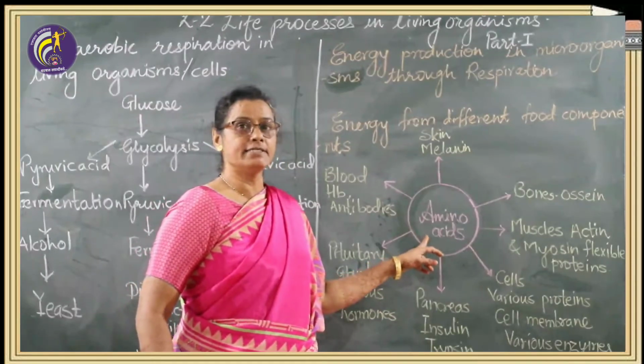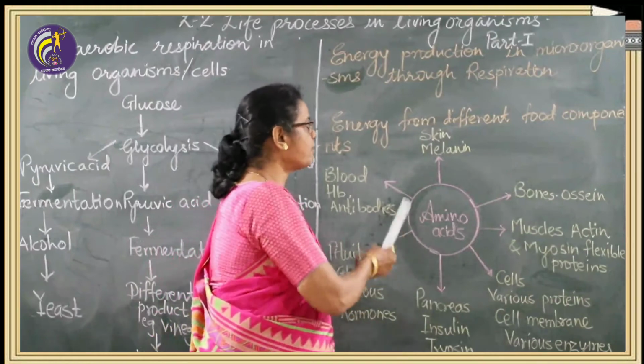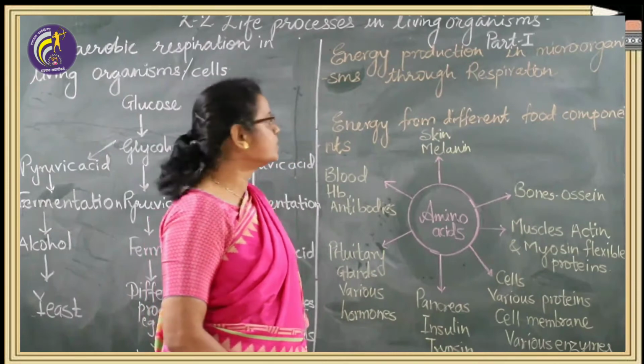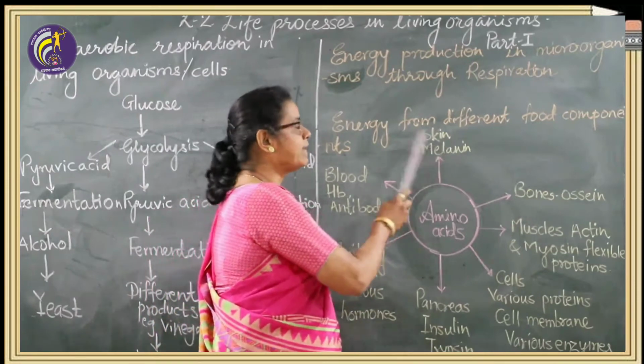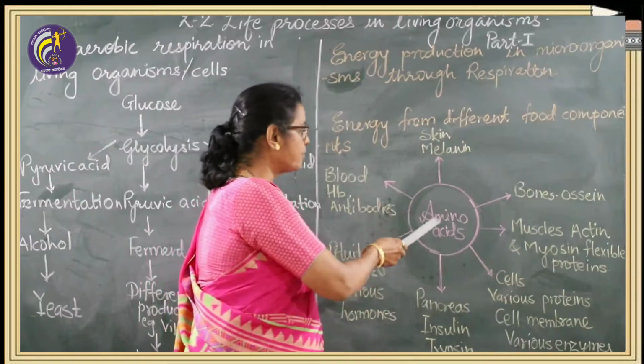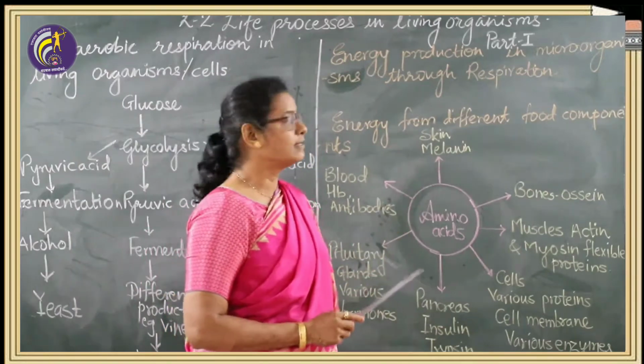Students, we have seen that amino acids are utilized for production of different proteins in our body. In our skin, melanin is a black color pigment that is formed from the amino acid. It is one of the kinds of protein.